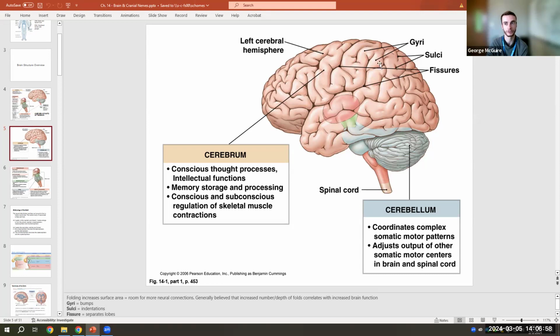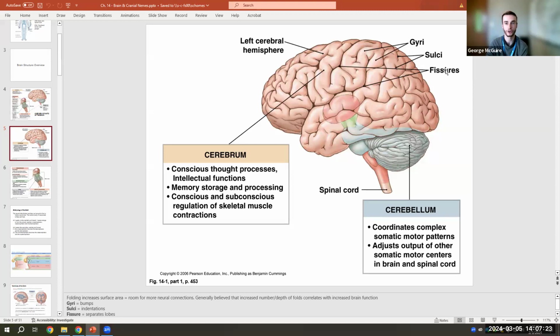Lots and lots of those inward folds. And then the outward projection, the bump, are referred to as gyri or a single gyrus. So when you see those terminologies, they're referring to either depressions or elevations of the neural tissue of your cerebral cortex. Again, gyri are the bumps, the elevations, sulci are the depressions, the folds inwards.